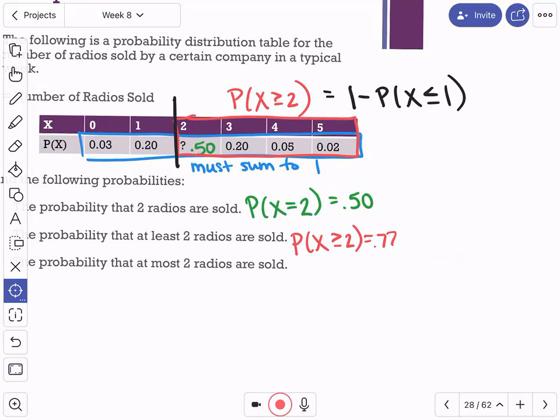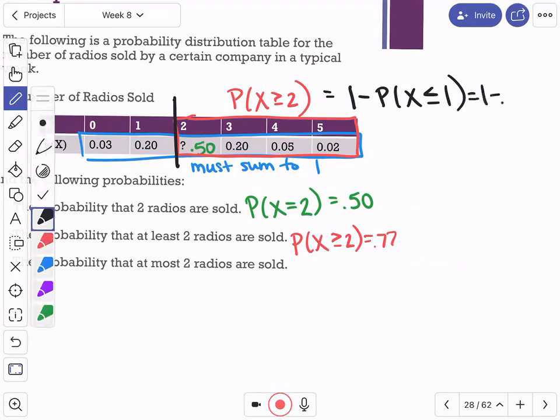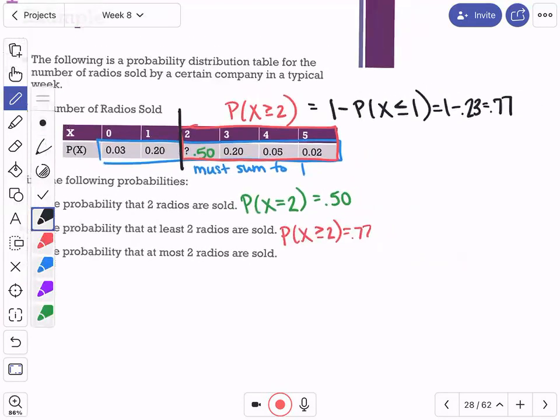So that's less than or equal to 1. If you do that, then this is the same thing as saying 1 minus 0.23, which is also 0.77. That is another way to do that. I'm going to show you that way right now because eventually you're going to have to use that method when we go to Excel to calculate things for a different distribution.